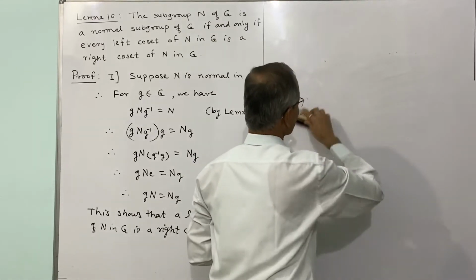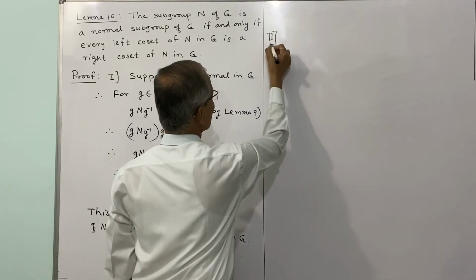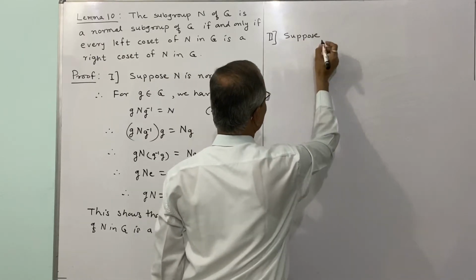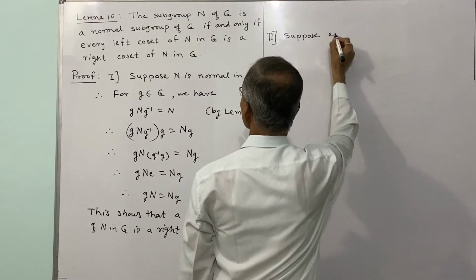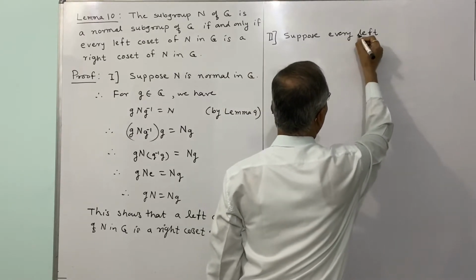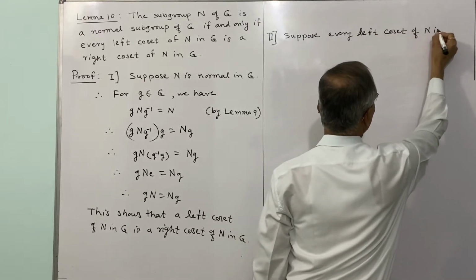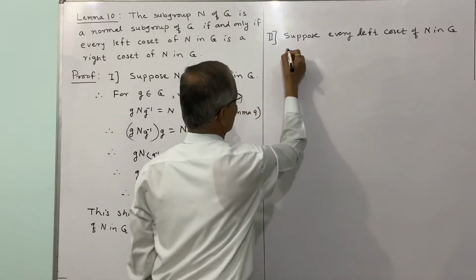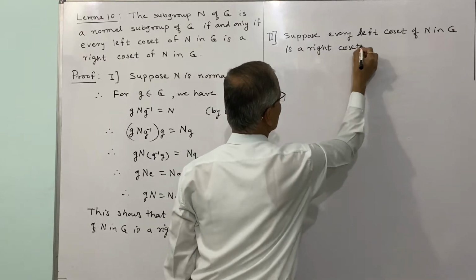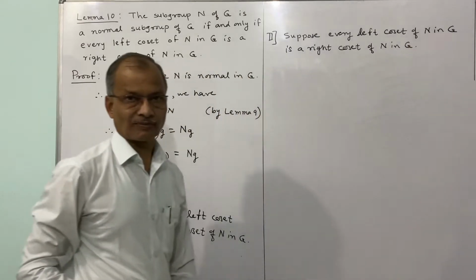That we shall consider. Now second thing, we will suppose conversely, every left coset of N in G is a right coset of N in G. This we shall assume.